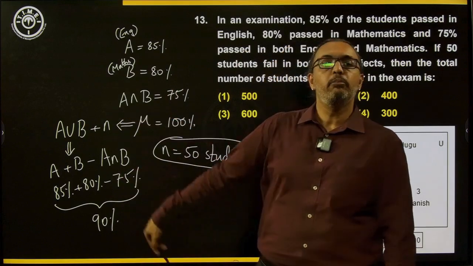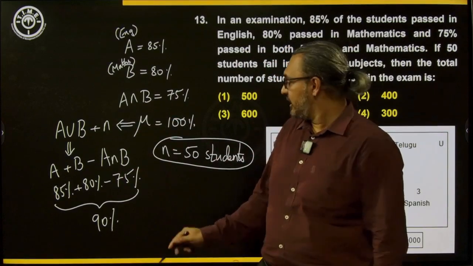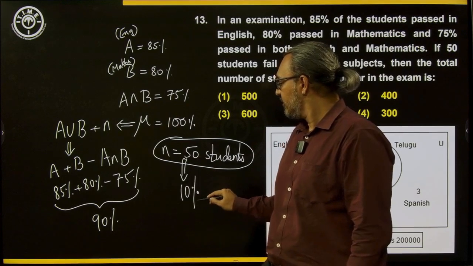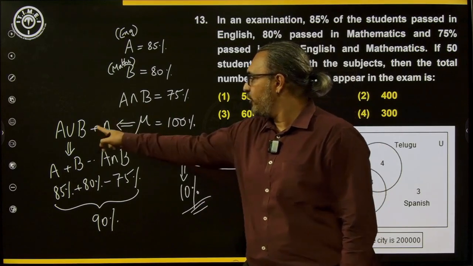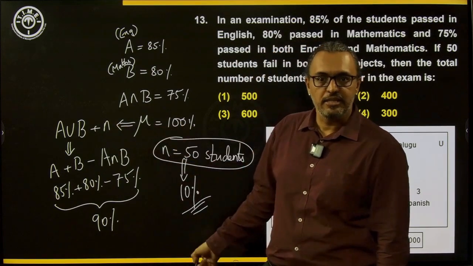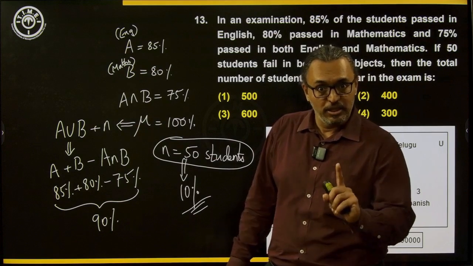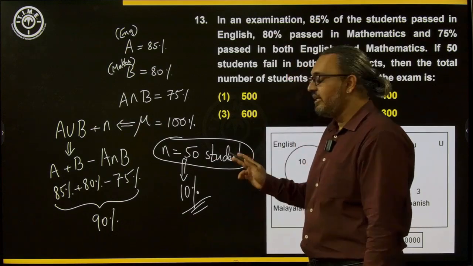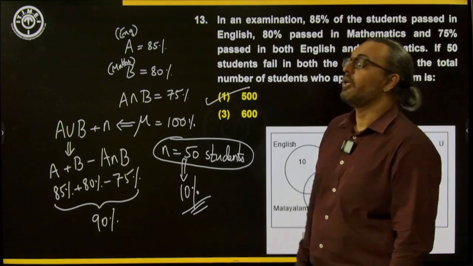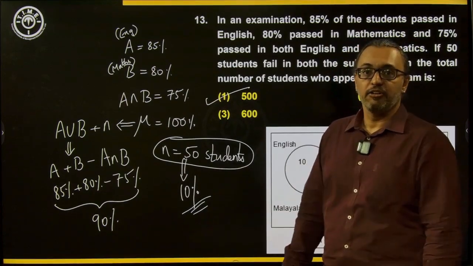So A union B is 90%. Then what will be n? N will be 10%. Because if A union B is 90, mu is 100%, then n will be what? 100 minus 90, 10%. Are you understanding the point? So if 10% is 50 students, then 100% will be 500 students. That's all. We get our answer.